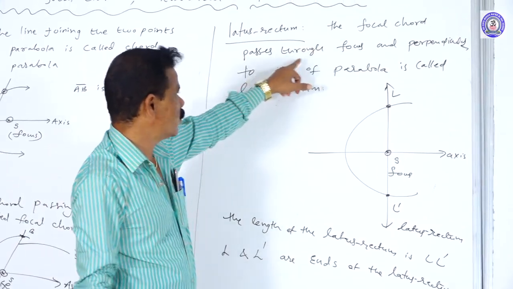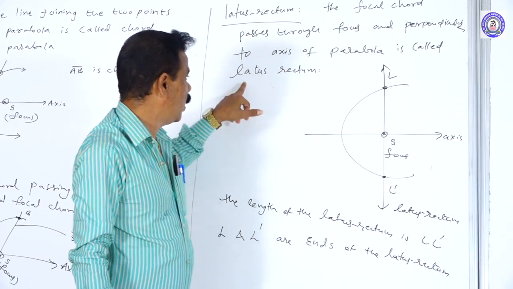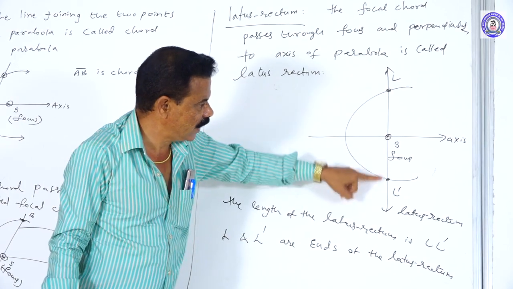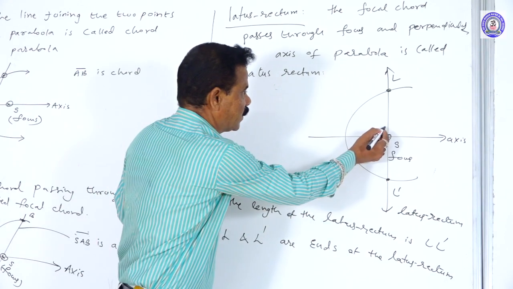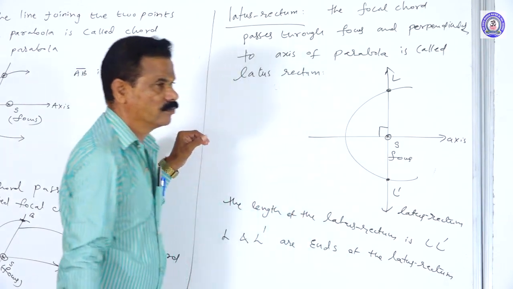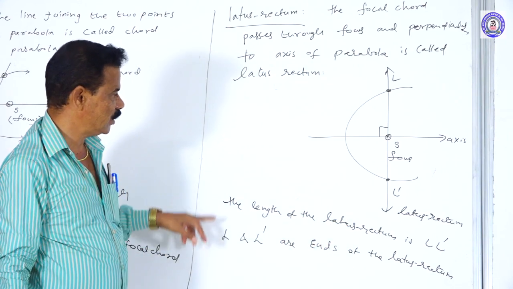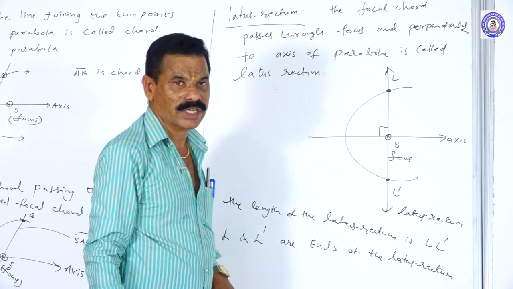The focal chord that passes through the focus and is perpendicular to the axis of the parabola is called the latus rectum. This is the diagram. Here L and L dash are the ends of the latus rectum, S is the focus. Here it is exactly perpendicular.